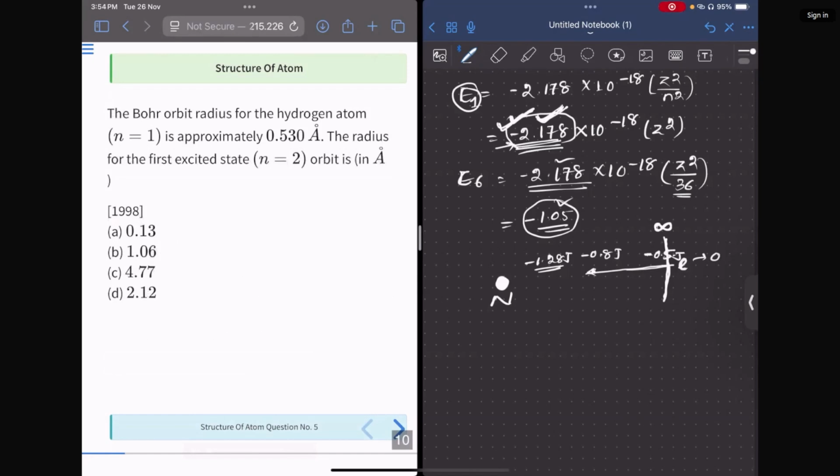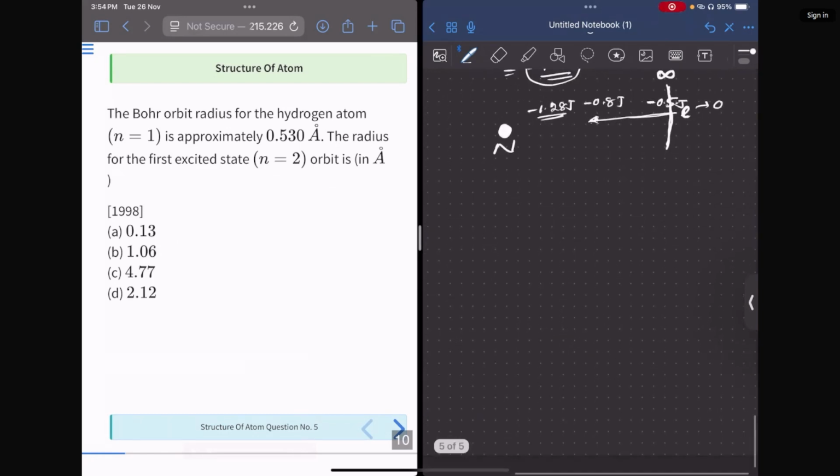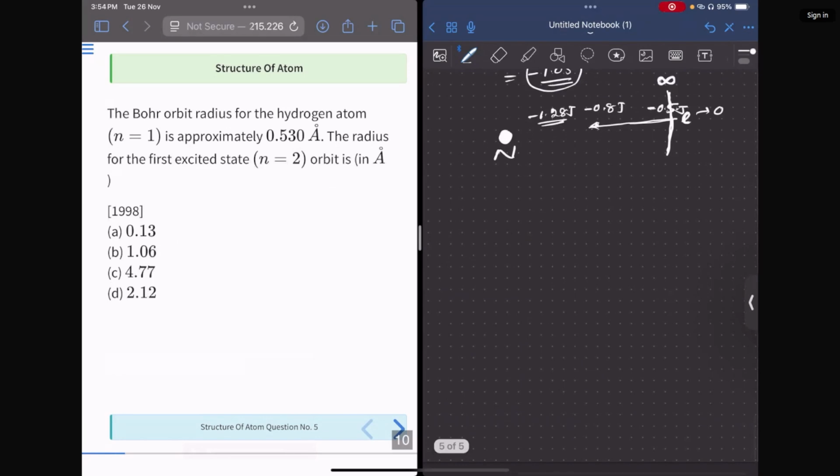Question number 5. The Bohr orbit radius for the hydrogen atom is approximately 0.530 angstrom. The radius for the first excited state of the orbit is. So it is a simple formula-based question. It is given that the orbit corresponding to n equal to 1 has a radius of 0.530 angstrom.